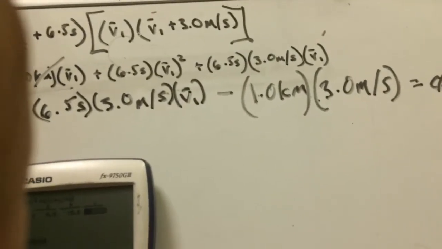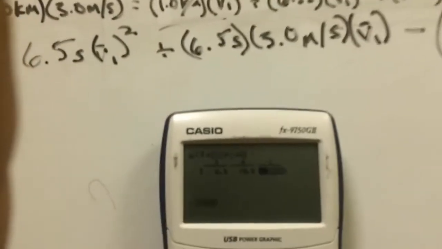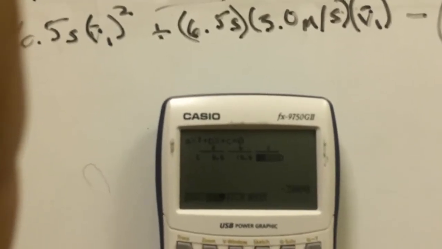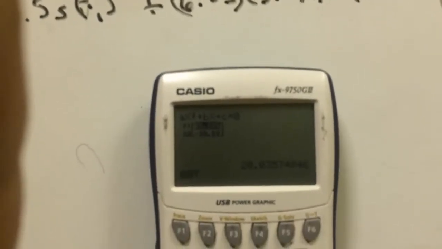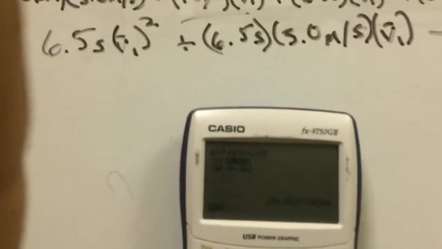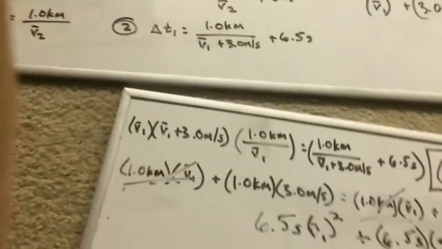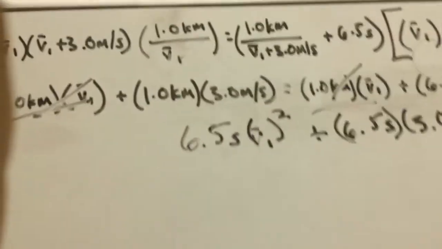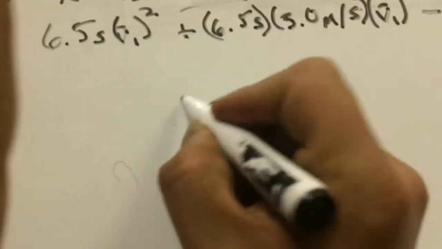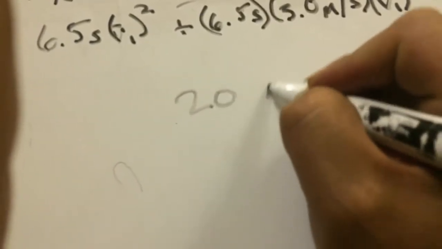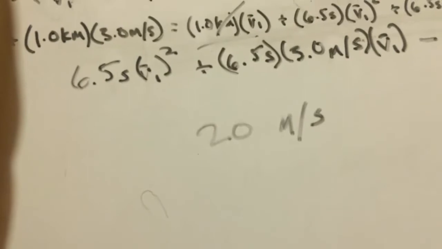Okay, because remember, 1 kilometer is 1,000 meters. Solving this gives us 20.0. So it says, what was your original speed? Our original speed was 20 meters per second.